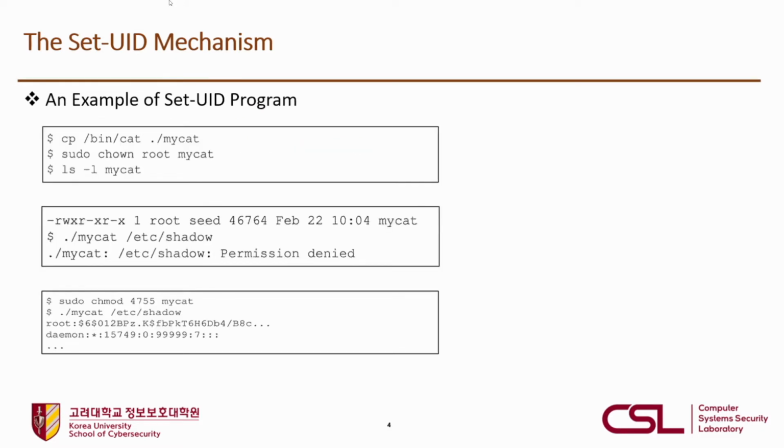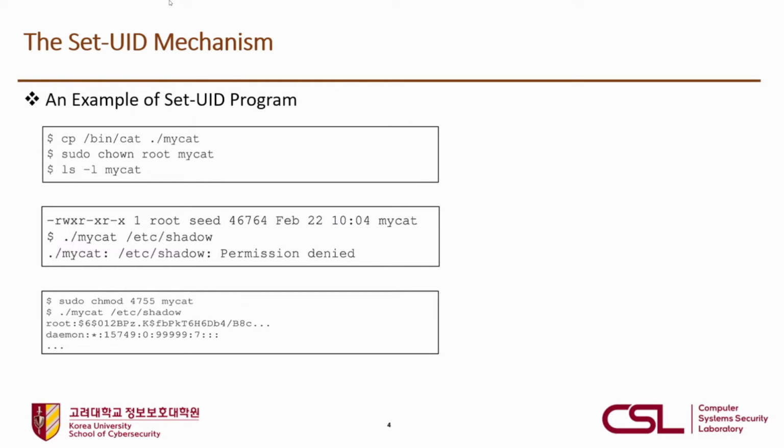Okay, let's proceed with an exercise using the SetUID mechanism. This time, copy the cat command to mycat. Let's change the owner of the file to root and check if the owner has changed successfully using the ls -l command.